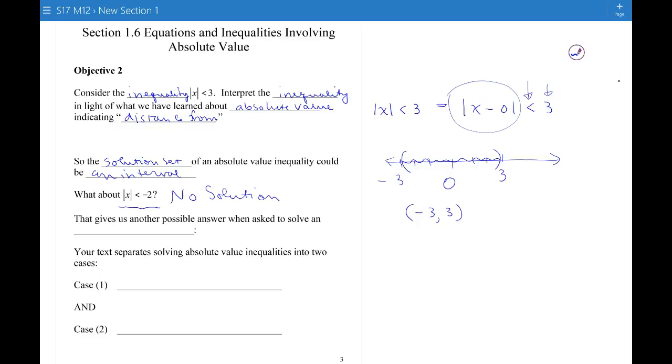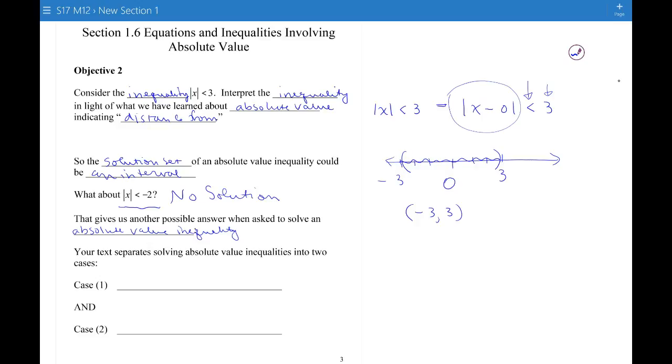So that gives us another possible answer when we're asked to solve an absolute value inequality. So your text separates solving absolute value inequalities into two cases.